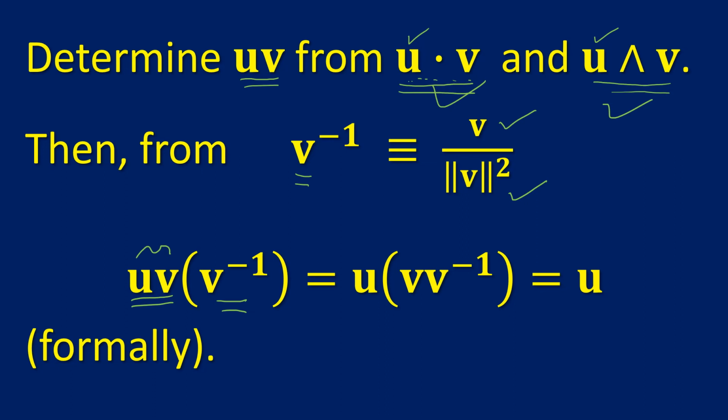Now in geometric algebra, the products of vectors are associative. So instead of associating u and v here, I'll associate v with its own multiplicative inverse. Their product is just the number 1. U times 1 is u itself. So formally, this is how we go about finding u.